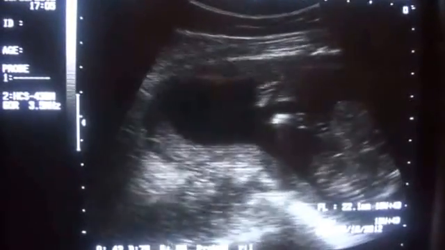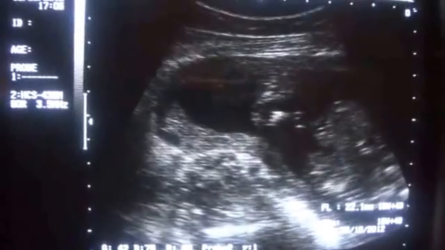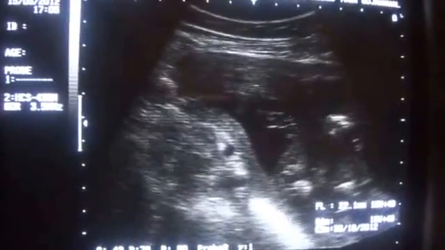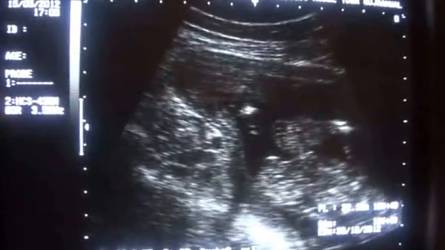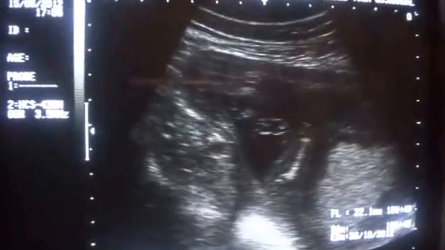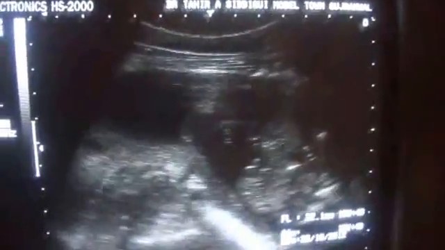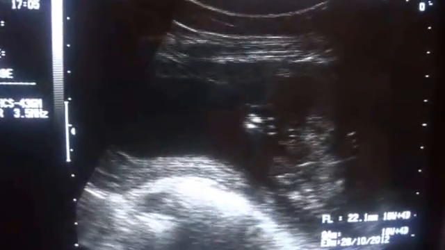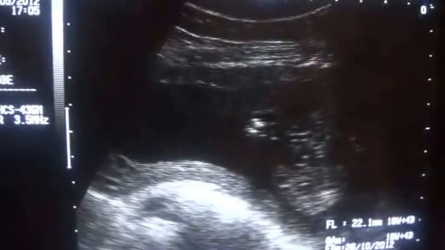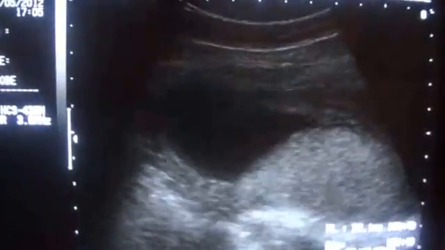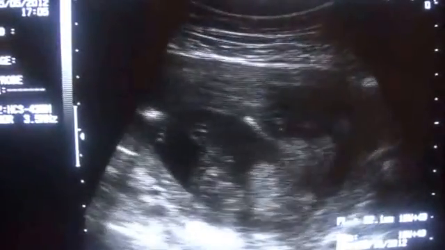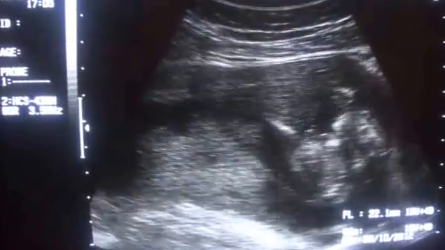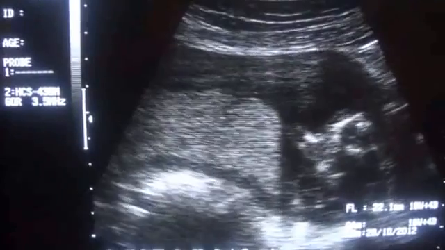Cord, here we are, and the umbilical cord is normal, 2 arteries and 1 vein in transverse section. So it's fine with the umbilical cord. This is the face.